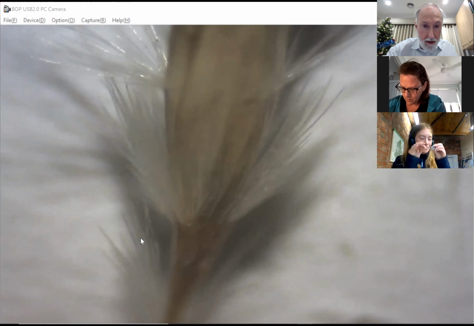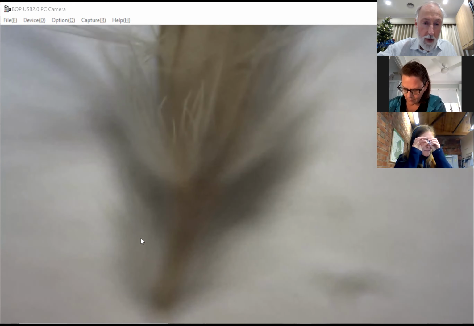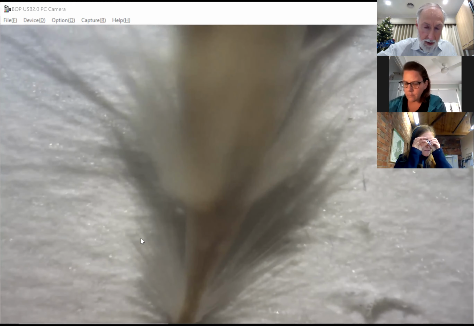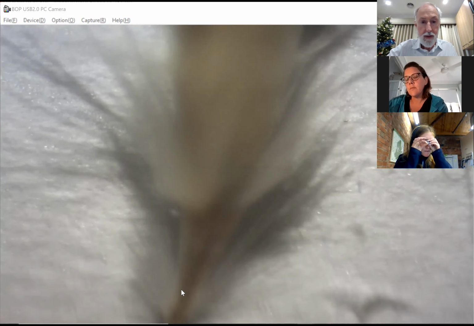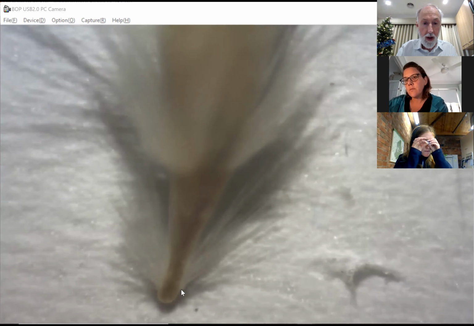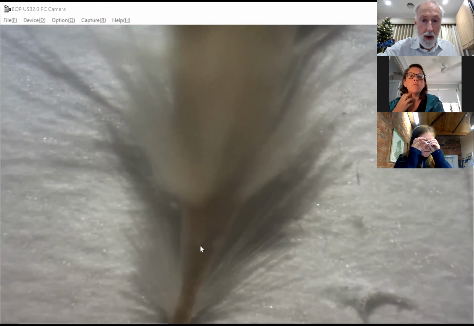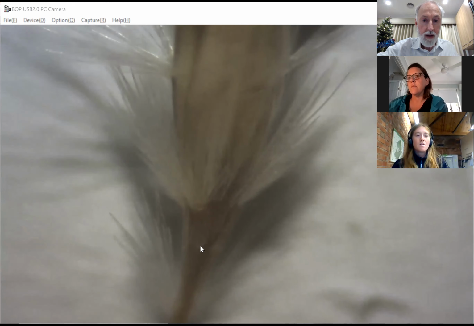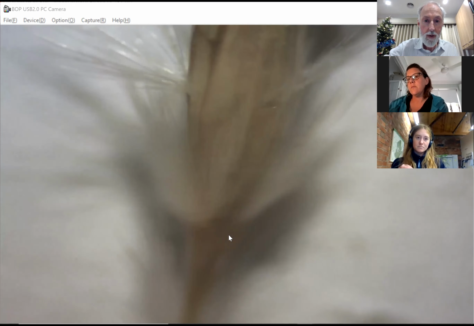Right, now you can see the tip of the snout there. The higher you zoom in with a microscope, the less depth of field you've got. So I can't get it all in focus, but there's the callus down the bottom here, and you can see the tuft of hairs on each side. Then a little further up, we've got the row of hairs that you might liken to being on the moustache of the unicorn.